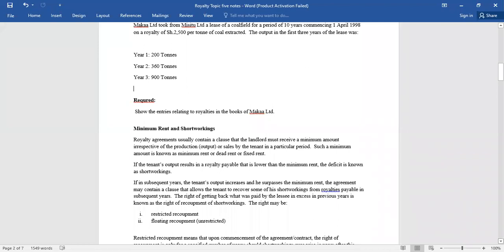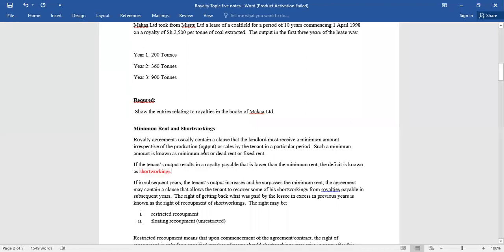What you will pay irrespective of whether you get the output or you don't. Now, in a situation where the lessee or the tenant's output results in a royalty payable that is lower than the minimum rent, the deficit is known as shortcomings. So you have the deficit here that we are calling the shortcomings.